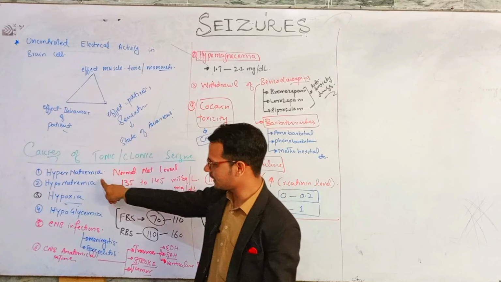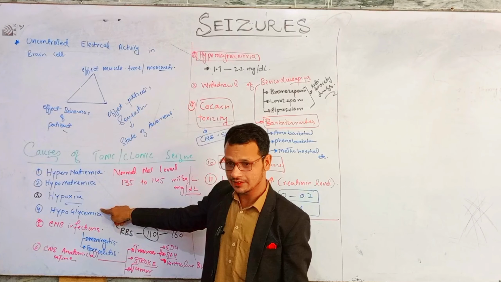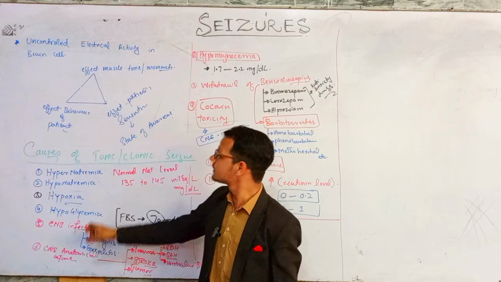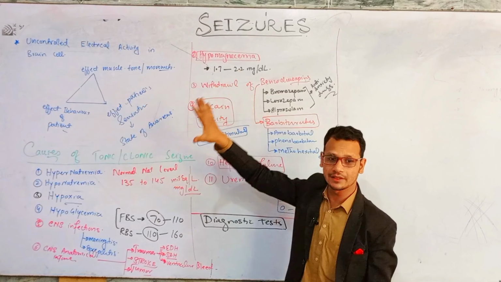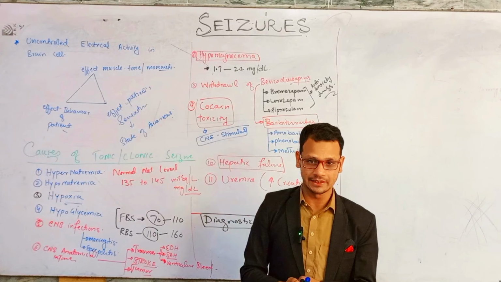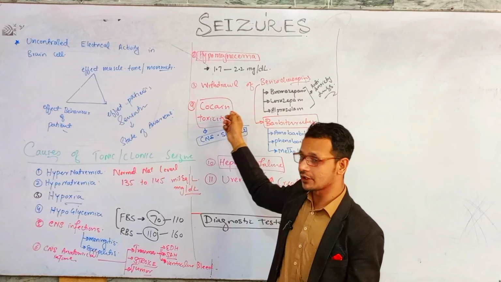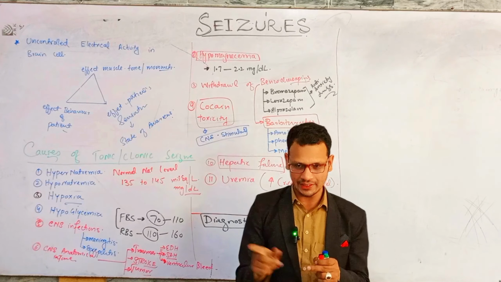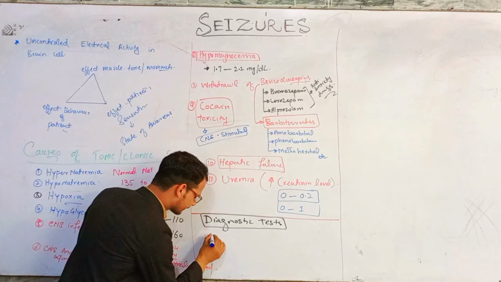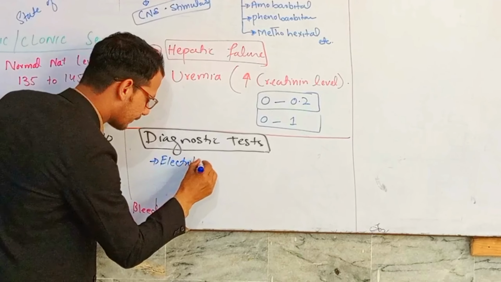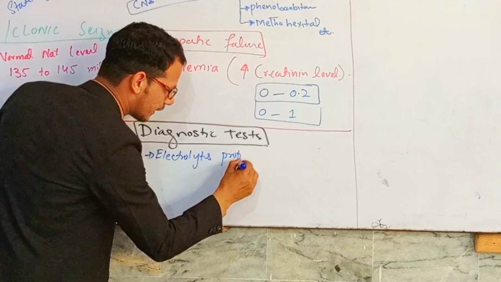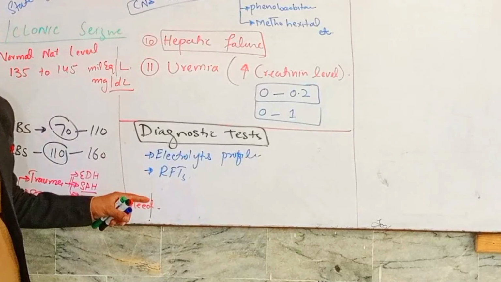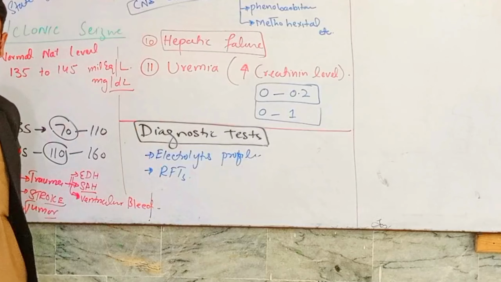For example, you will check sodium, calcium, CNS infections, traumas, and you will also check the magnesium level and the creat also. So you will advise the patient an electrolyte profile, and RFTs, renal function tests, for creatinine, etc.